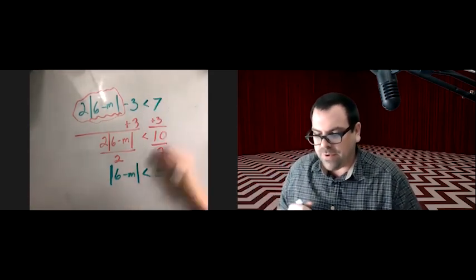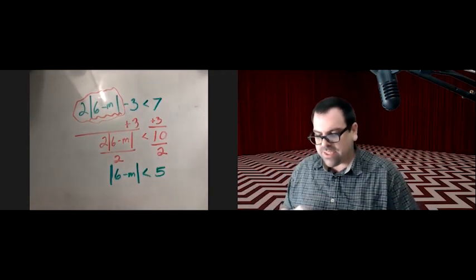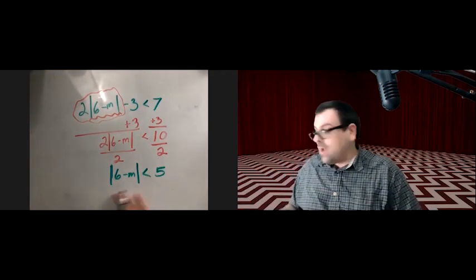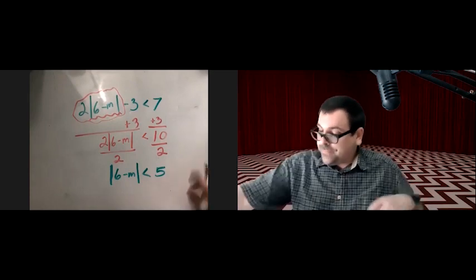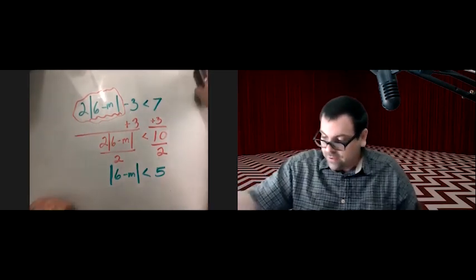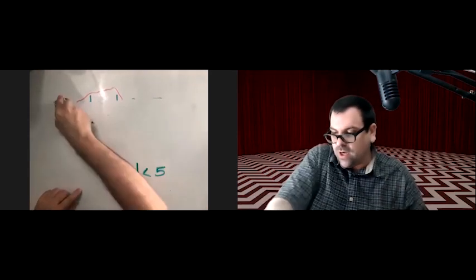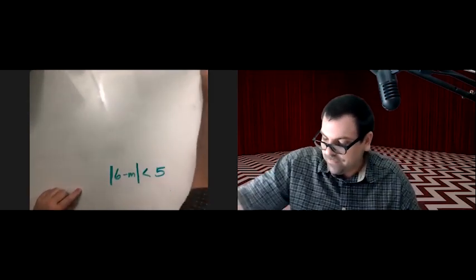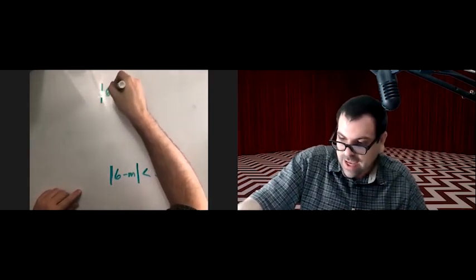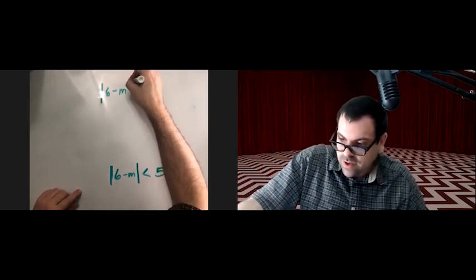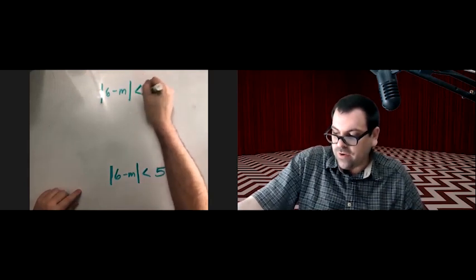We added 3 to both sides. We divided both sides by 2. We wound up with this. And I'm going to move it up here so that we have room to work on this and finish this problem. We had to get it all the way to the absolute value being by itself on one side.